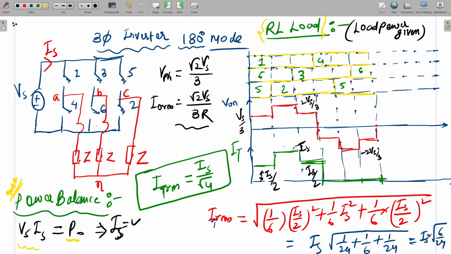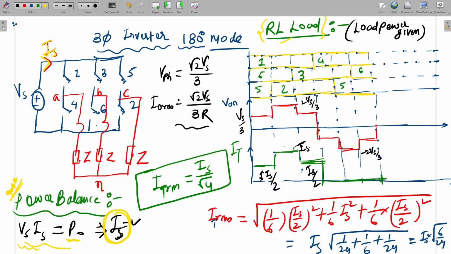Output power will be given in the question. So from this information, we can calculate the source current. That will be the constant DC current here. So step one, if RL load will be given, and the load value will be given, then we'll apply the power balance and calculate the source current.